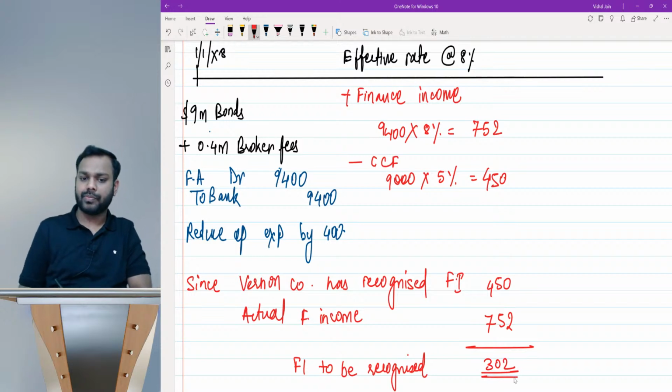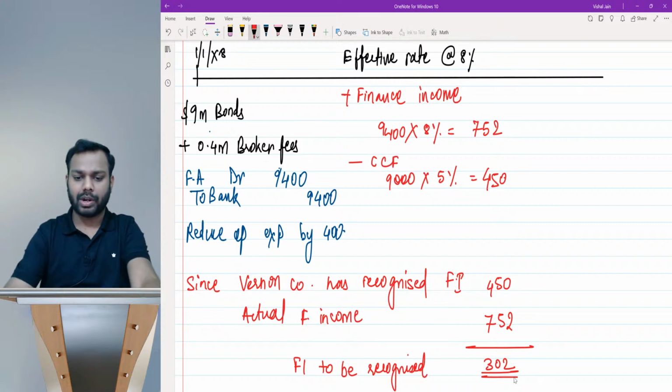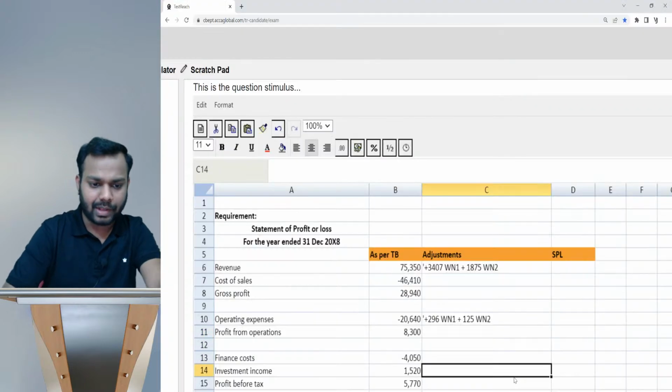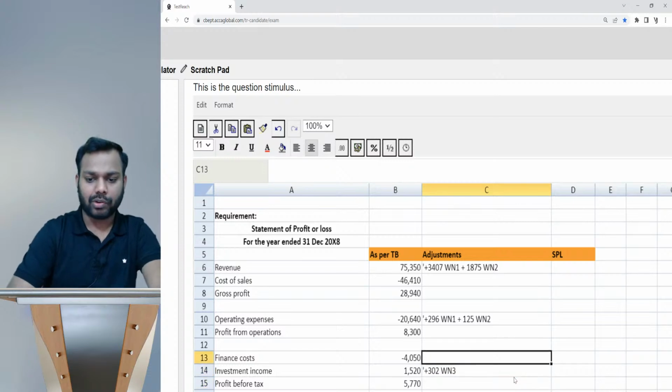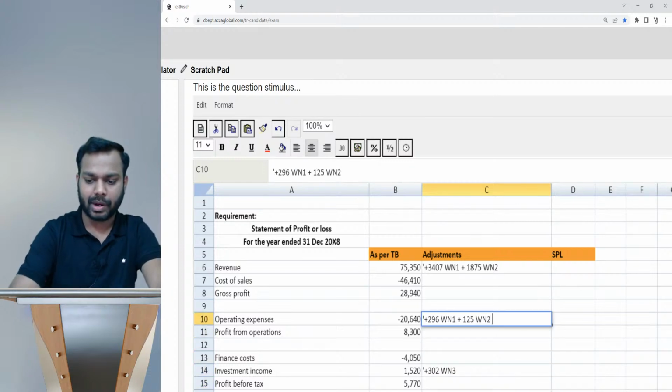Tell me yes or no. So we can recognize finance income of 302, working note number 3, and also we have to reverse 450 from here. That is working note number 3.